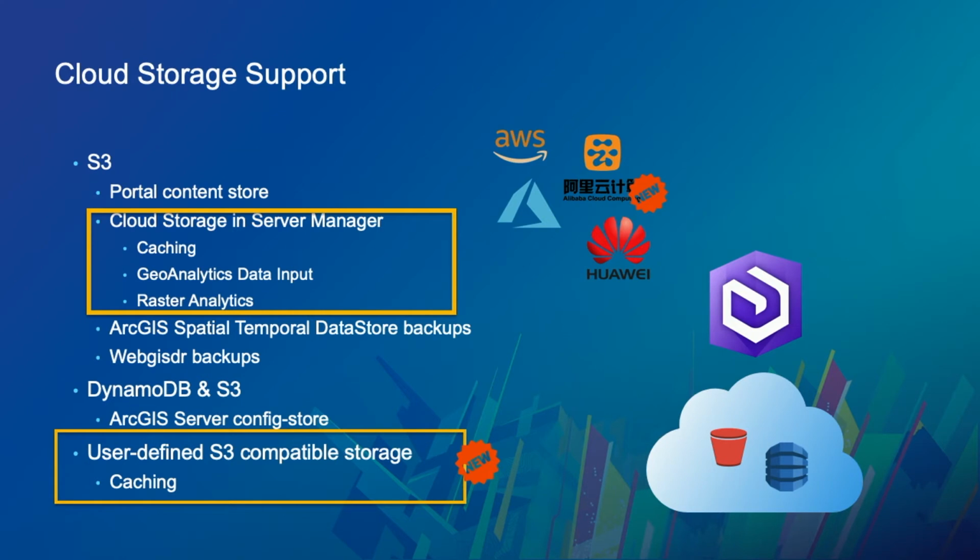Another new thing: if you have a storage that's S3 compatible, for example a secret cloud or your private cloud, as long as that cloud says it is S3 compatible, it could be used as cloud storage that you can register in Server Manager for caching as well.